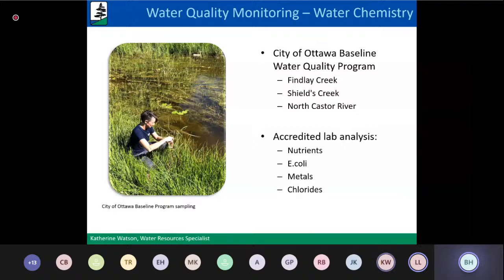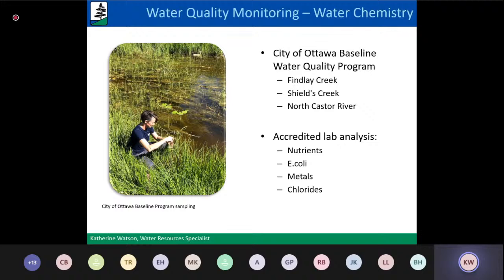Okay, so now we're going to move into some of our water quality monitoring programs that we applied to establish baseline conditions. And we touched on this in our staff update, but we help collect samples to contribute towards the City of Ottawa baseline program.